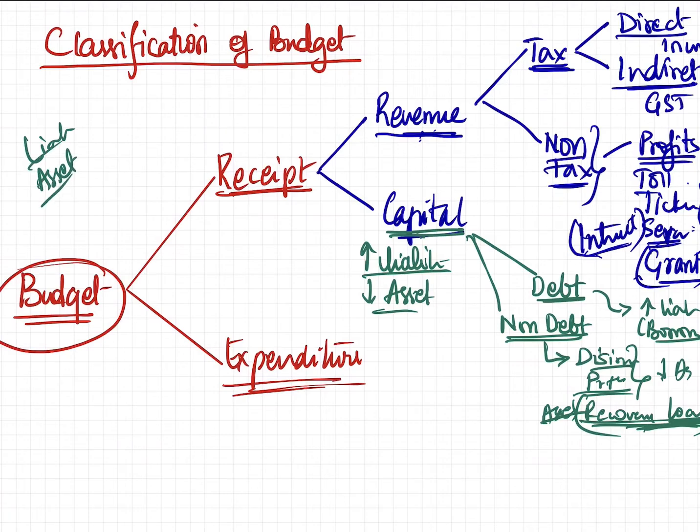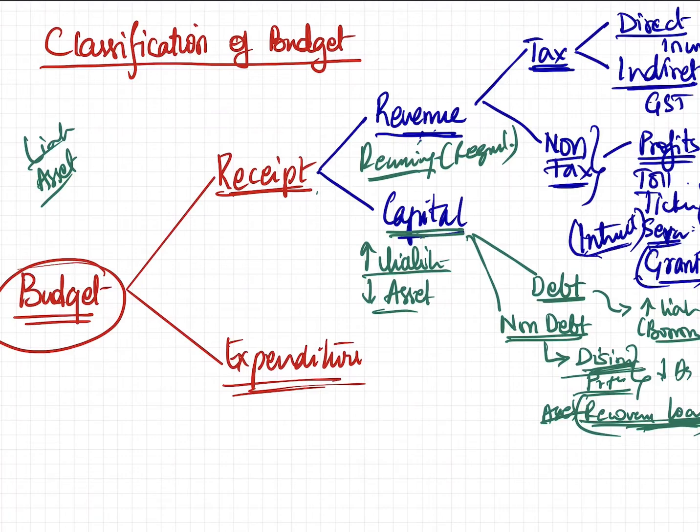Okay. Then usually revenue receipts are recurring. That means it is continuous, on a regular basis. For example, taxes are recurring. The government keeps collecting taxes every day, every year. Whereas disinvestment is not recurring. Is it recurring? No, it is once in a while.